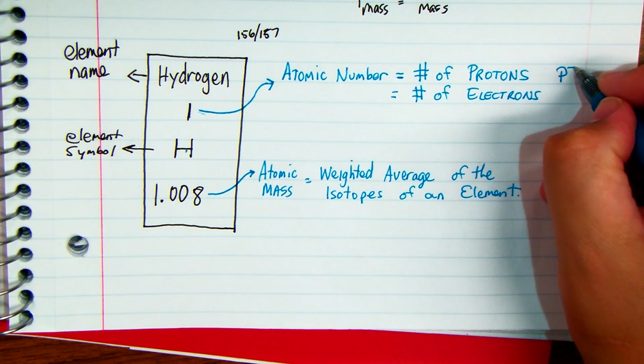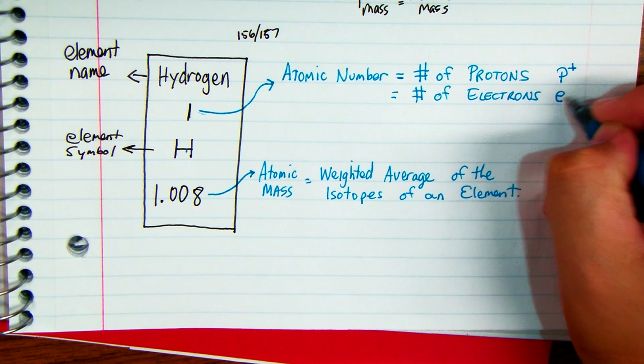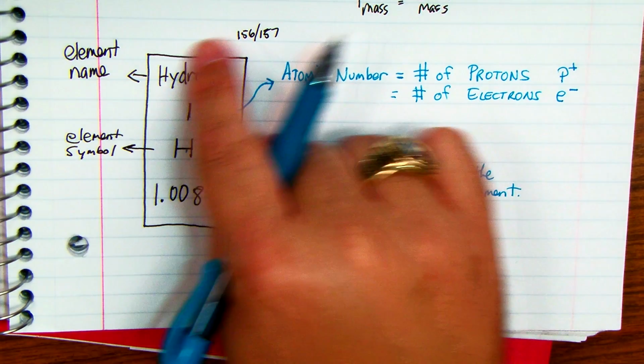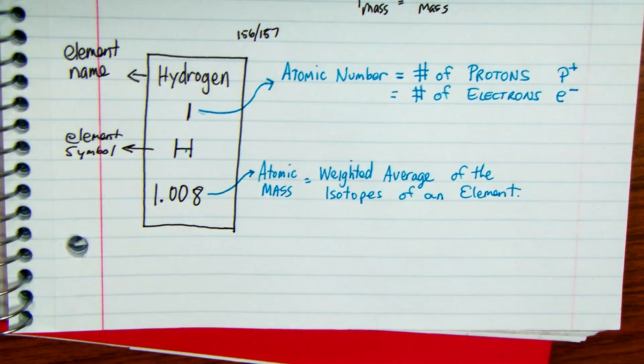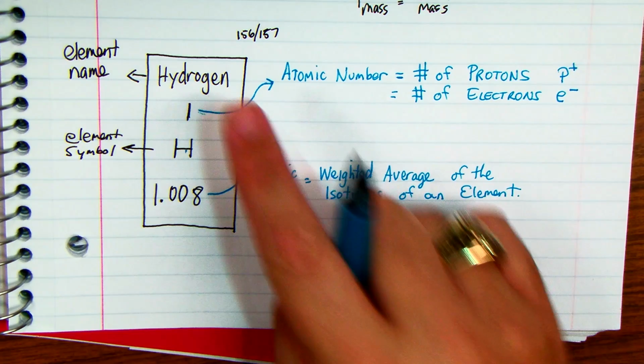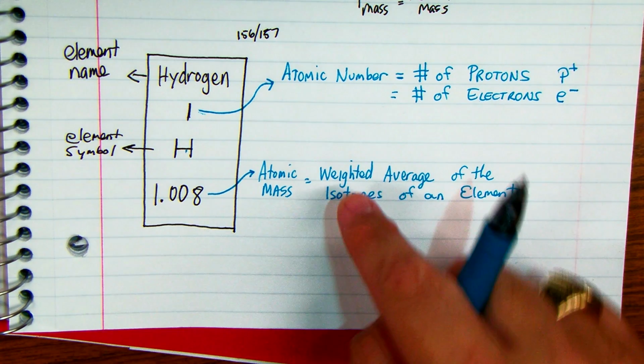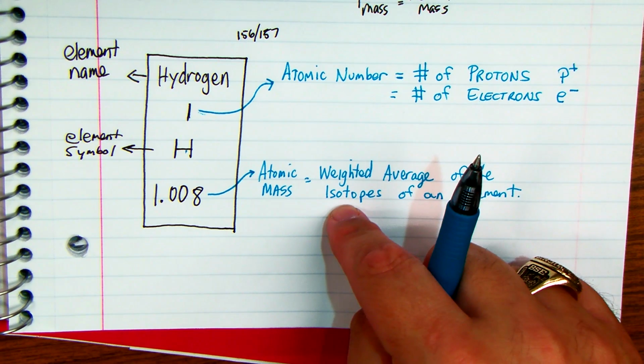The electrons have the negative charge. What particle does this not mention at all? Neutrons. Now, down here, this is our atomic mass. It's our weighted average of the isotopes, which means we have different versions.